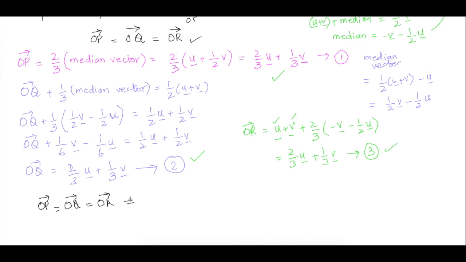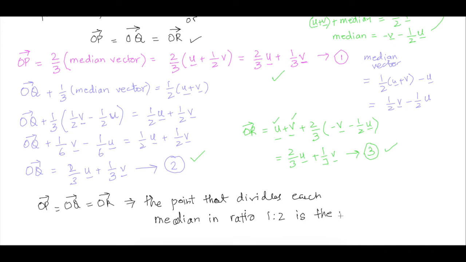So in other words, the point that divides each median in ratio 1 to 2 is the intersection point. Okay, so that's why we have proved it.